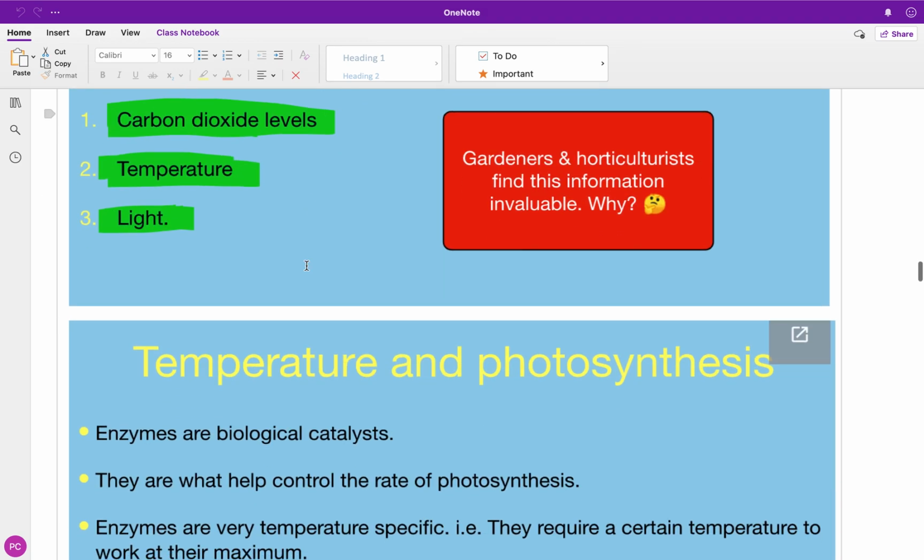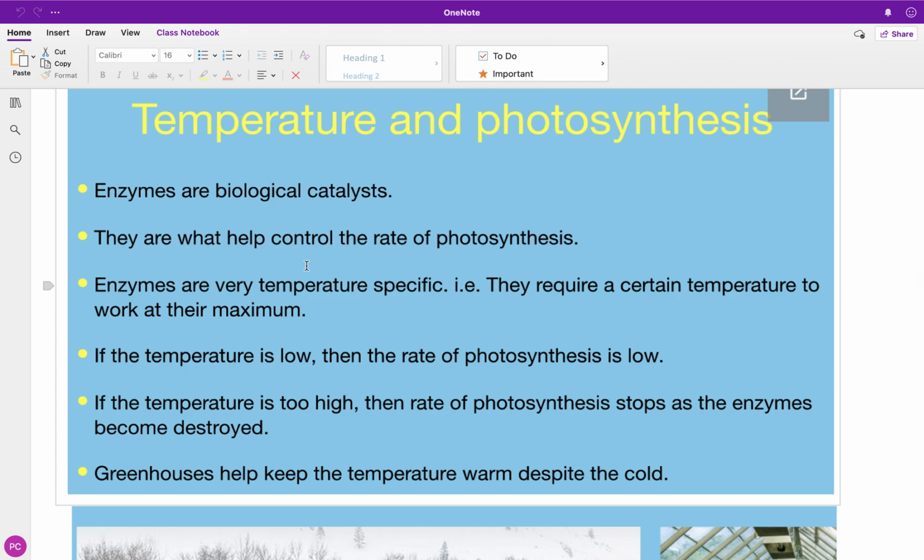Okay, so last couple. Temperature, first off. So just go through a few of these. So remember we did this before. Enzymes are catalysts. One of you is doing a good CBA on this at the moment. And they control the rate. So enzymes control the rate of photosynthesis. Enzymes have a very specific temperature that they like to work at. Too hot, they don't work so well. Too cold, they don't work so well.